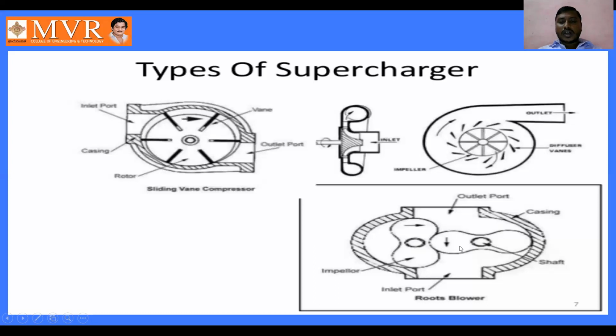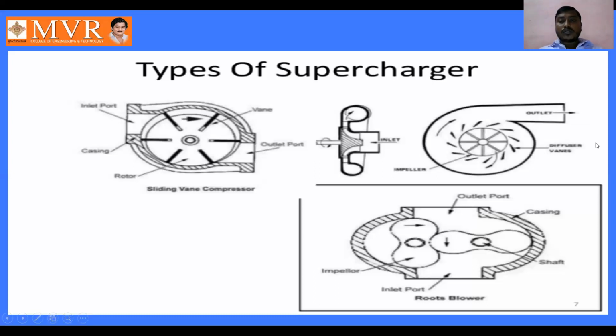Both impellers rotate anti-clockwise. When the air enters the roots blower, it is compressed between the impeller and the casing, and the high pressure developed increases the efficiency and output of the engine cylinder.